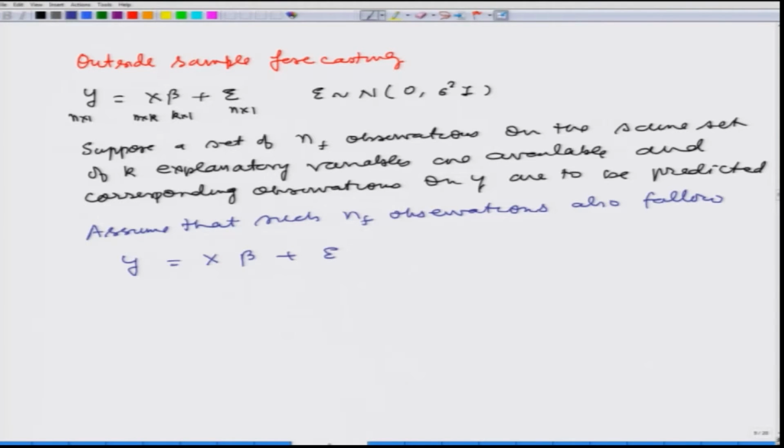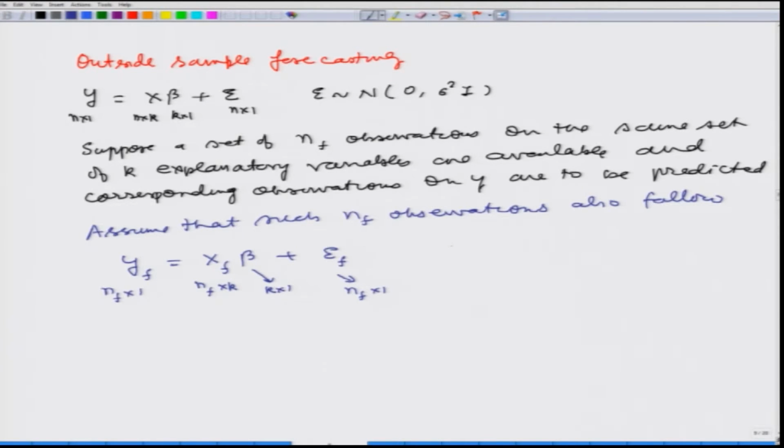So, we denote y here as yf, X as Xf, and epsilon as epsilon f, where now yf is an nf cross 1 vector of values on y that are unknown, which have to be predicted, which have to be forecasted, and Xf is a matrix of order nf cross k, and beta is a k cross 1 vector, and epsilon f is an nf cross 1 vector of random error components.